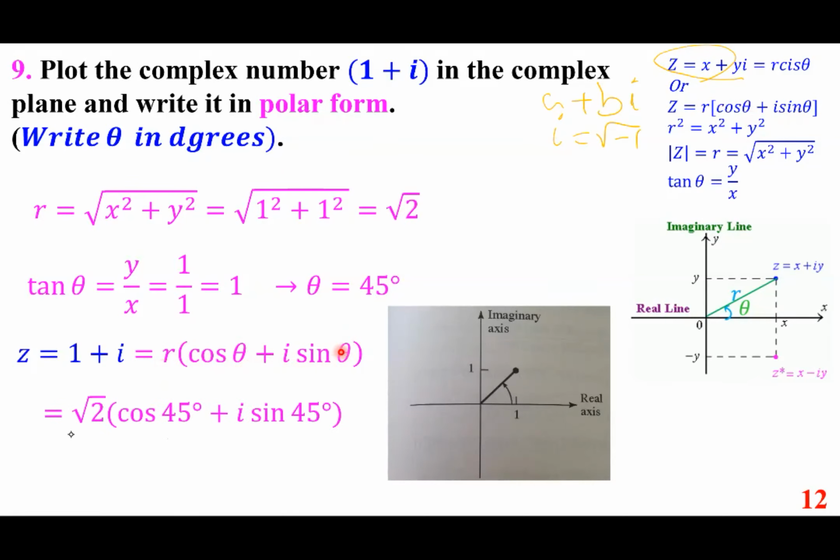Or you can even write it in this fashion, or you can write square root of 2 cis 45 degrees. In short, that's the same thing. Shorthand notation. Same thing.